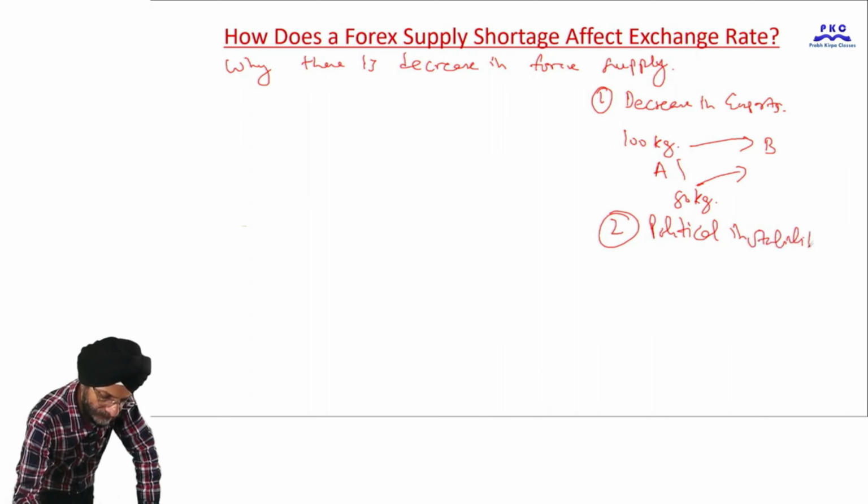But when there is political instability in a country, the investors from abroad do not like to make investment in that country. Rather, they pull out their investments from that country. So, when there is political instability, the forex supply decreases.